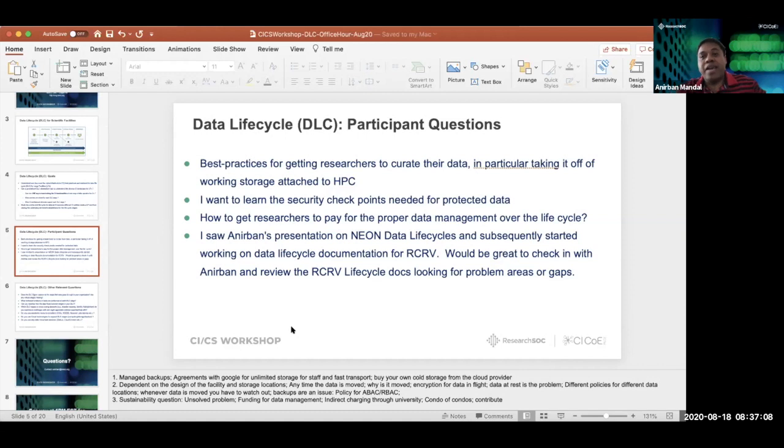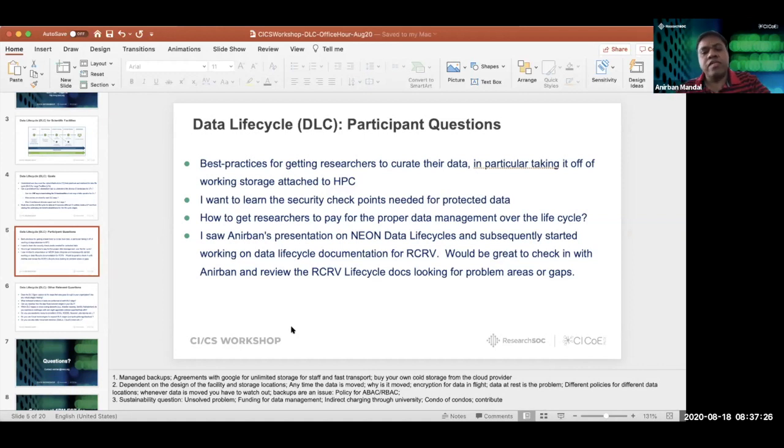Do you buy your own cold storage from a cloud provider and move things in there? Then you become your own sysadmin for your data sets. You do all the managed curation yourself. Is that the right way of doing it?